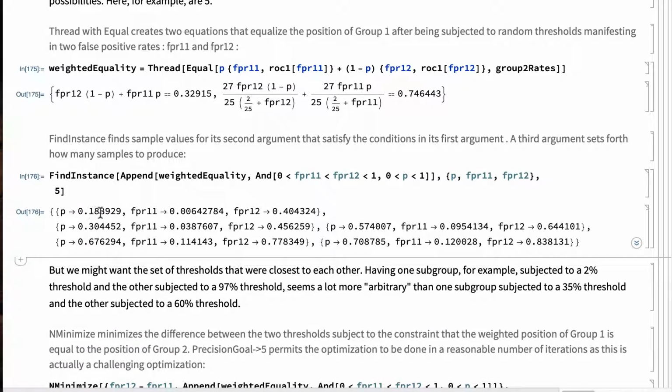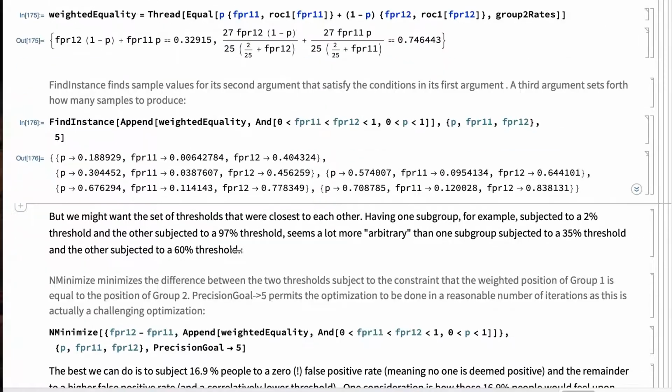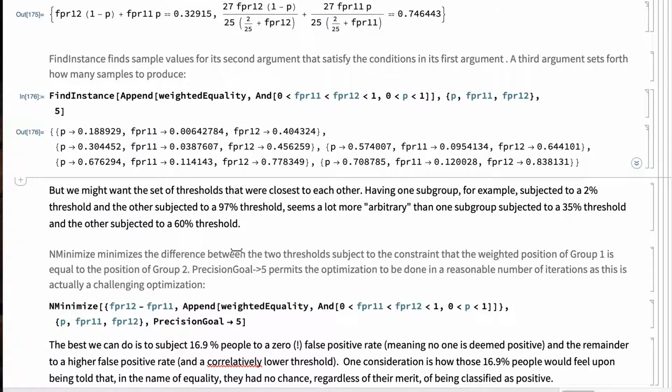Maybe 18% of the time you're subject to this very, very low first false positive rate and whatever the associated threshold is, and the remaining 81% of the time you're subjected to this higher rate, or any of these things here. So there are lots of ways of dropping down. Is one of those ways better than another?